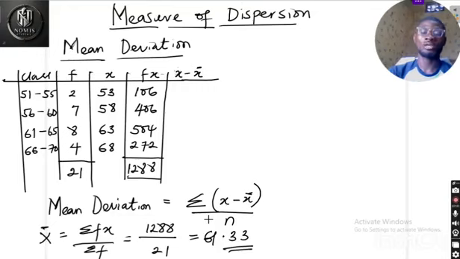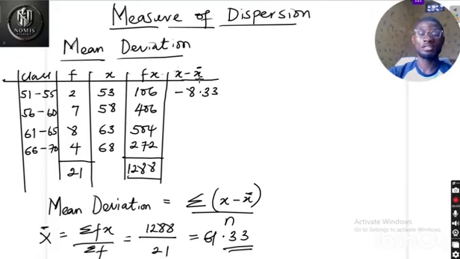Now that we have our mean to be 61.33, we subtract that mean from each of the values of the x representatives. So we're going to start with the first one by saying 53 minus 61.33, that is minus 8.33.